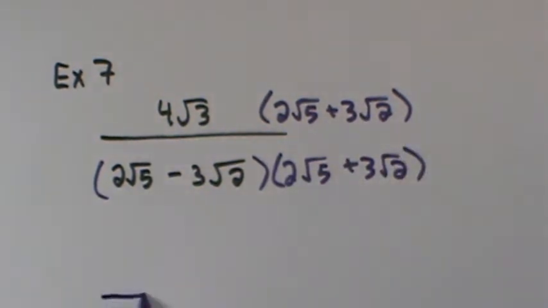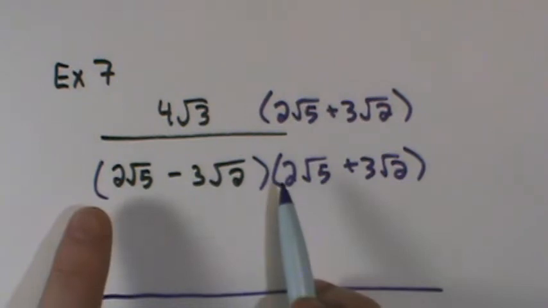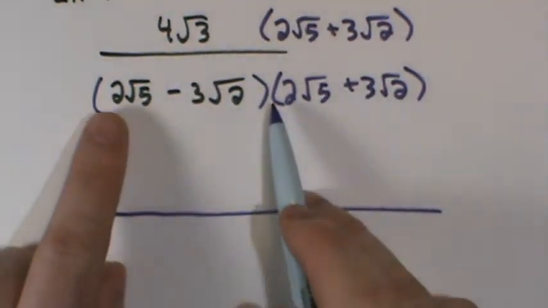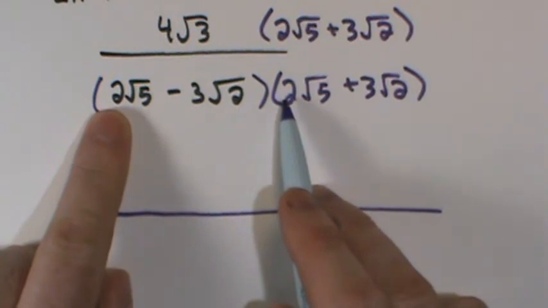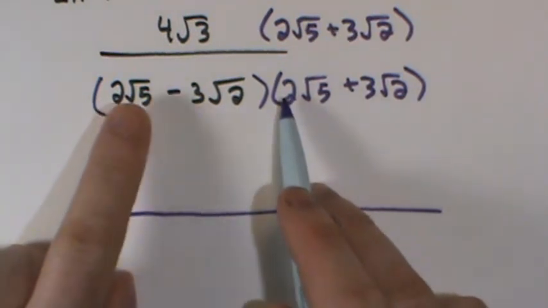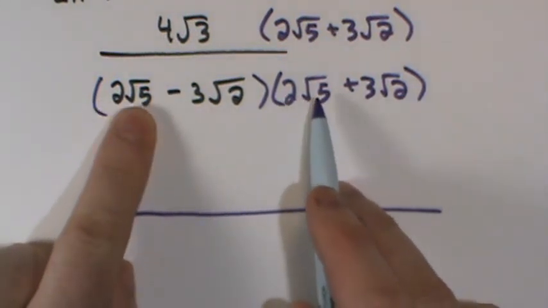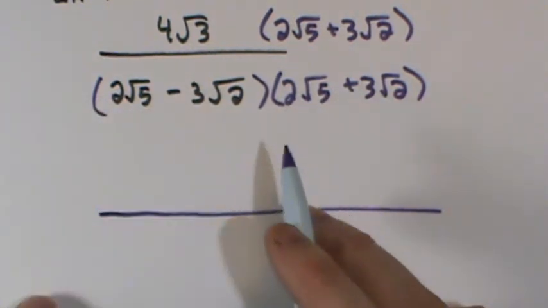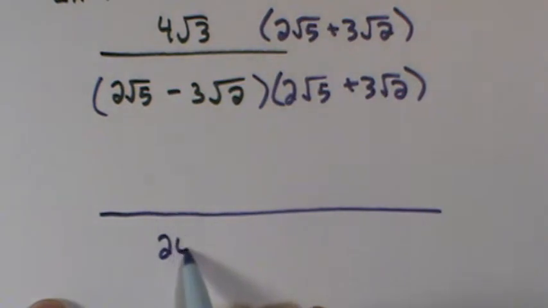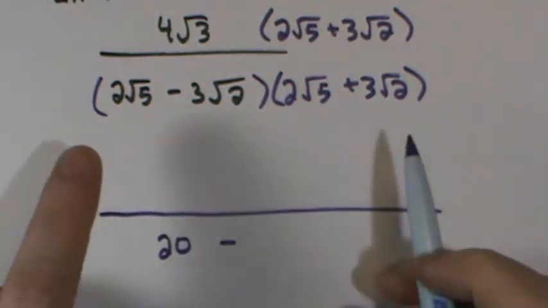And let's see what happens. I'm trying to get you to do this in your head. So I'm going to do the first with first part. 2 times 2 is 4. Radical 5 times radical 5 is 5. So I'm looking at 4 times 5, which is 20. Minus automatically.